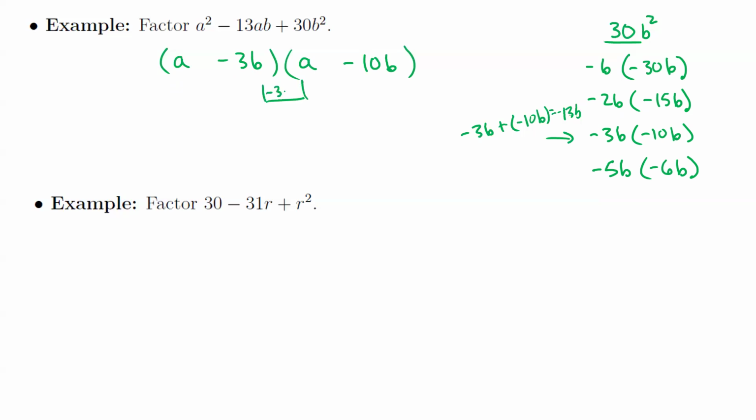So -3ab when you multiply the inside, and then minus 10ab. When you multiply the outside, add those together, you get your negative 13ab. Okay.